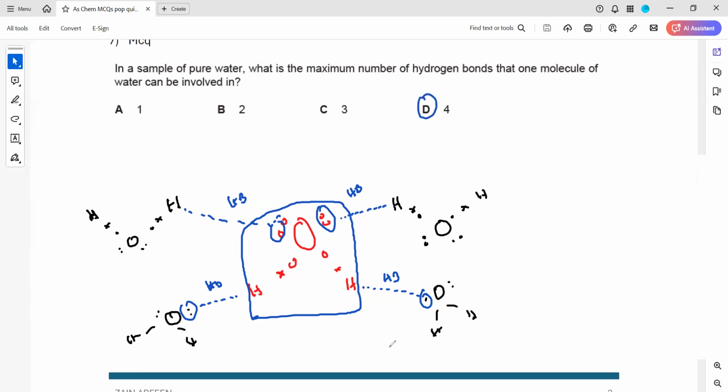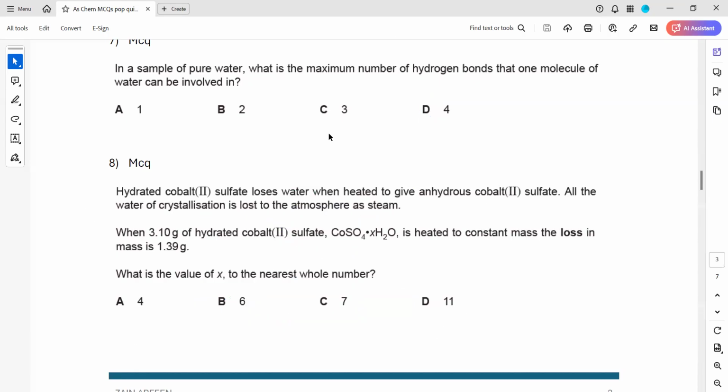That's why option D is the right answer. Is it clear? This is the intermolecular force, or force between the molecules.